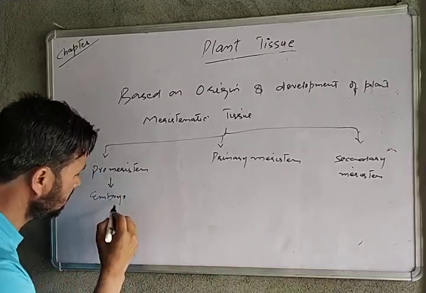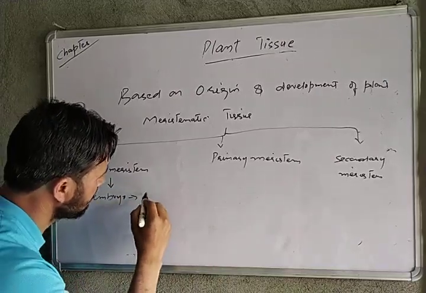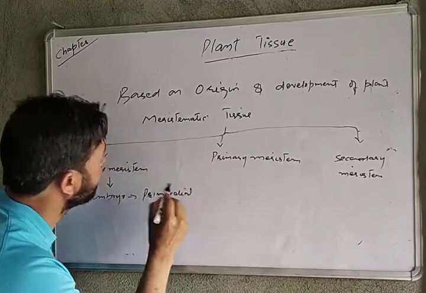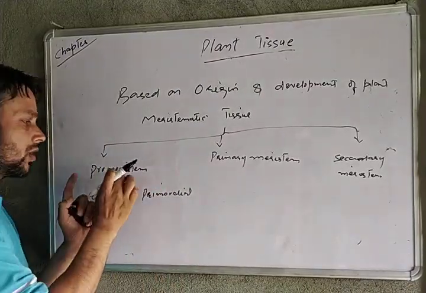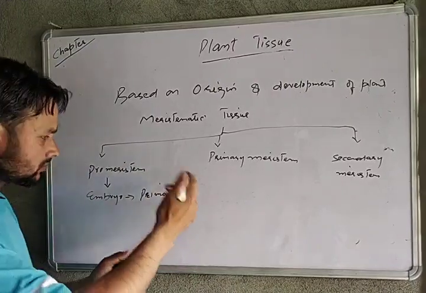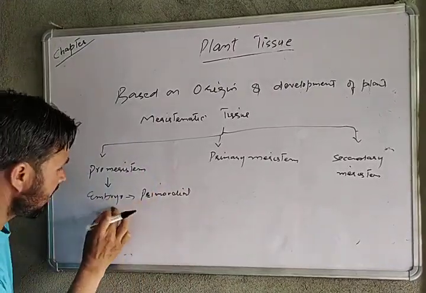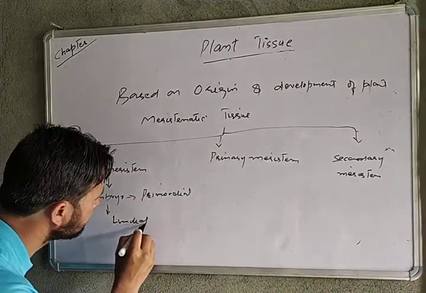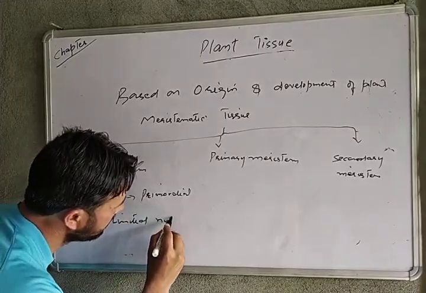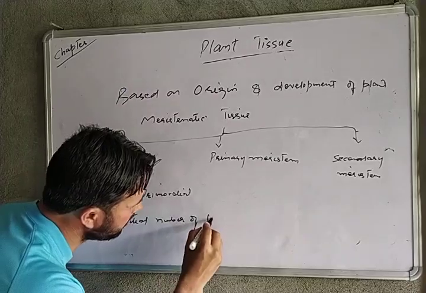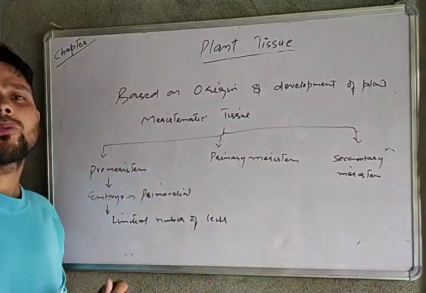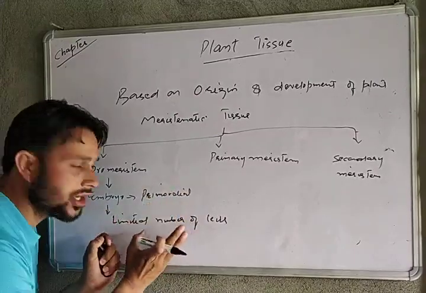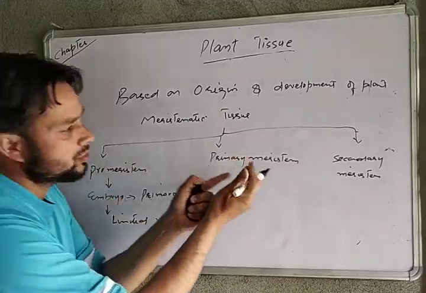It's also called primordial tissue. Now this embryo has a limited number of cells which have the power of division, and these give rise to primary meristem.